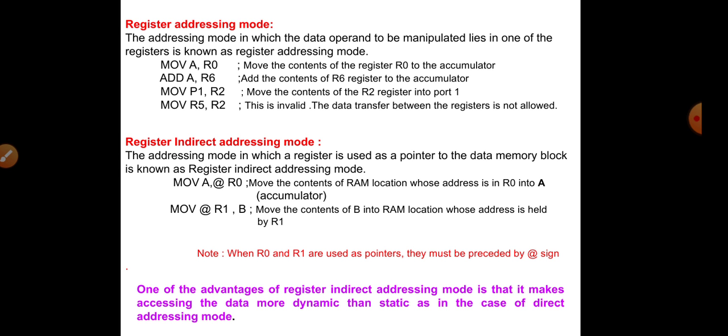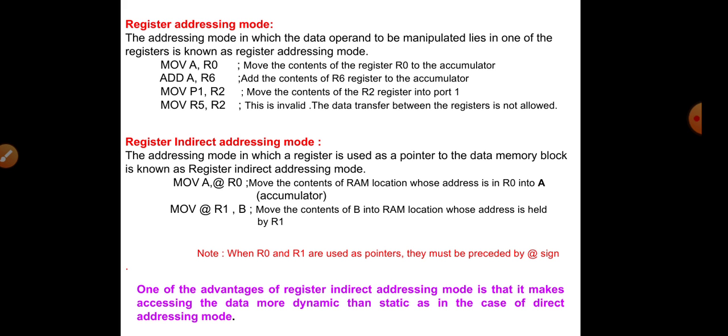The next one is register indirect addressing mode. In register indirect addressing mode, the register is used as a pointer to the data memory block; in other words, the address of the internal RAM memory is present in the registers.